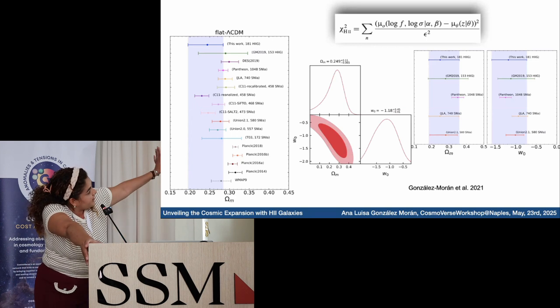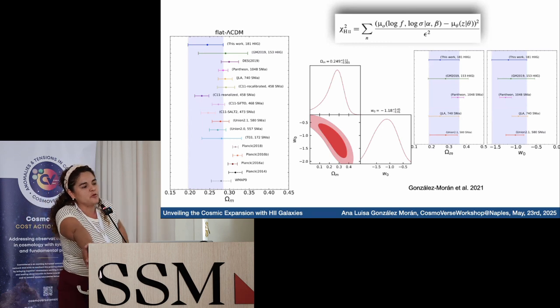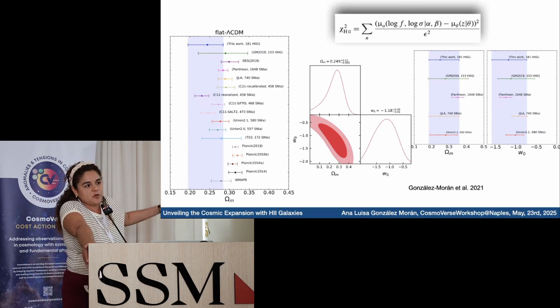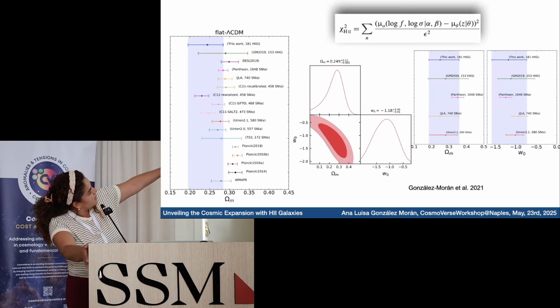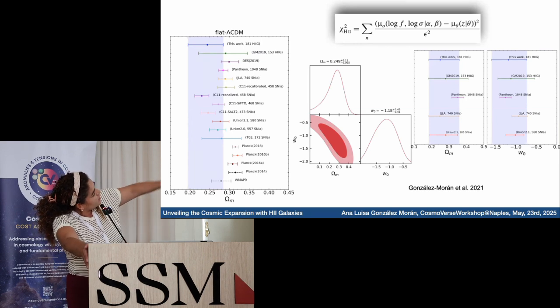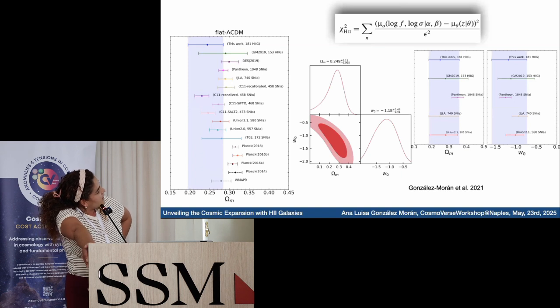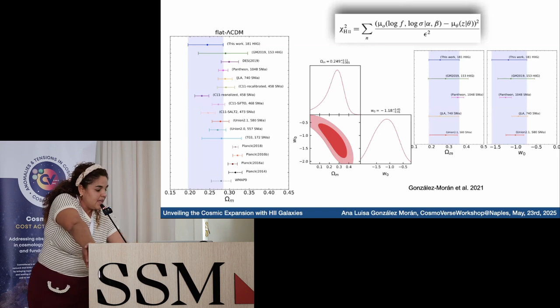For example, if I compare with the results that supernovae had in the past, using more or less the same redshift range and the same number of targets, our results are in very good agreement with those given by Terlevich and collaborators using a sample of similar size.